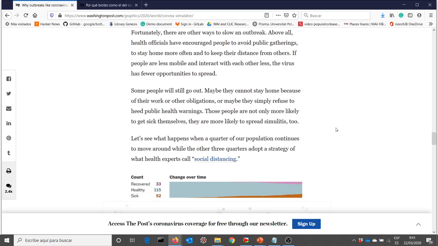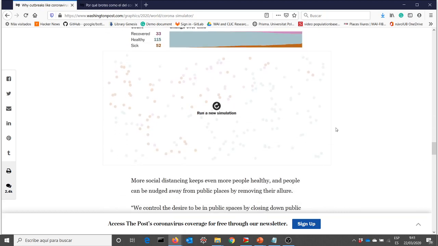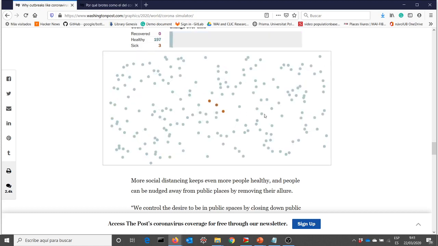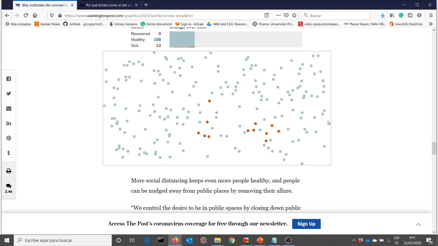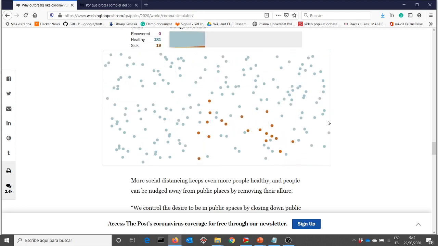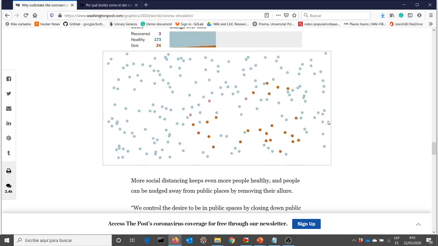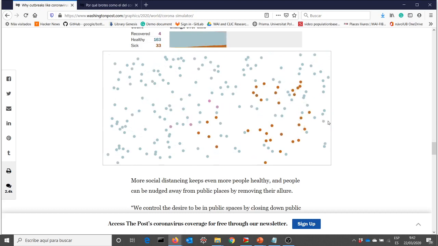So what the article explains is that the recommendation is that fewer people should move. So here in this simulation, again, only one initial person is infected, but only a quarter of the population are in fact moving.